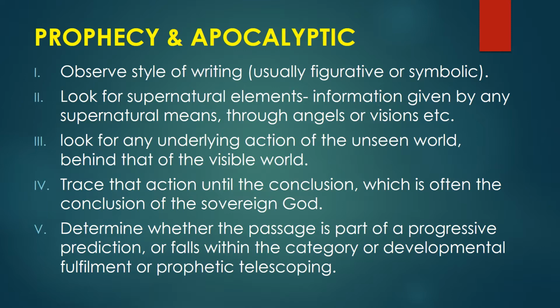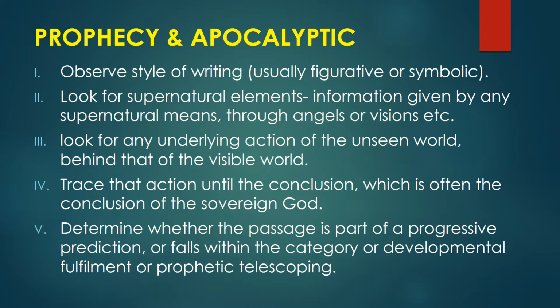Progressive prediction basically means that although a prophetic passage has one set time of fulfillment, there may be a number of other passages throughout Scripture which also reveal a pattern of the chronological process in the fulfillment of that prophecy. In other words, one passage may only be a part of the whole as it relates to a particular event.